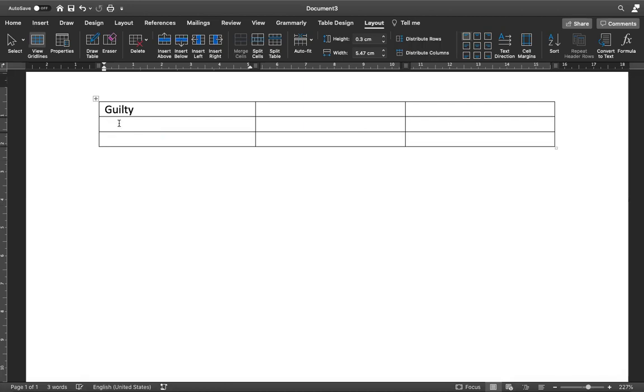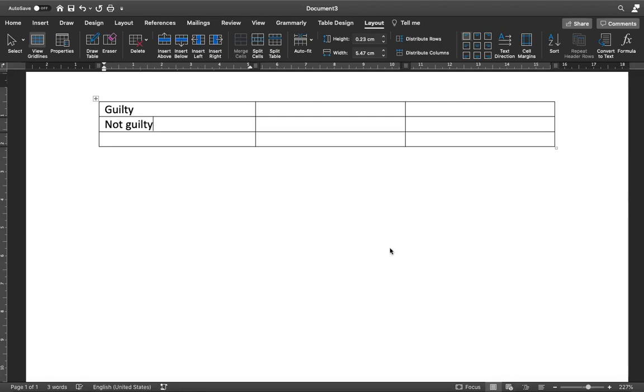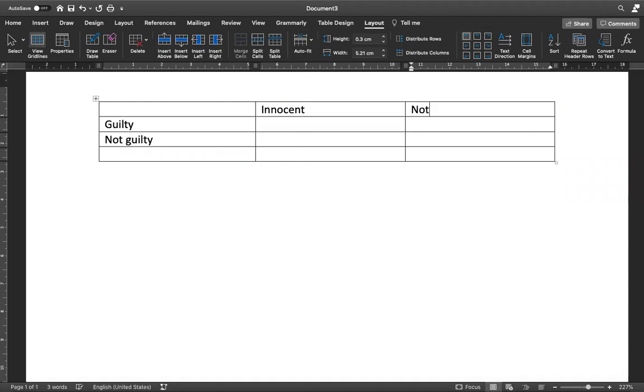The person can be innocent but will be declared guilty, isn't it? So let's say the person can be innocent or the person can be not innocent, isn't it?